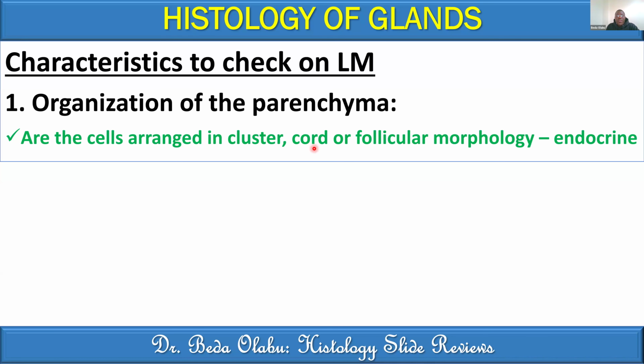Or are they in a cord morphology, which means the cells are arranged to form linear structures? Or are they in a follicular morphology, which means the cells are arranged to form larger, rounded, spherical, or ovoid structures? If any of those three is true, then most likely the organ we're looking at is an endocrine gland as opposed to an exocrine gland.